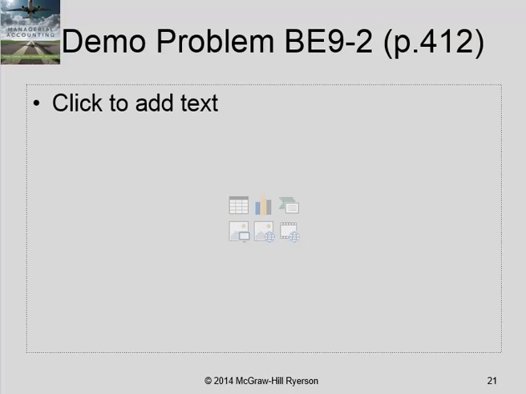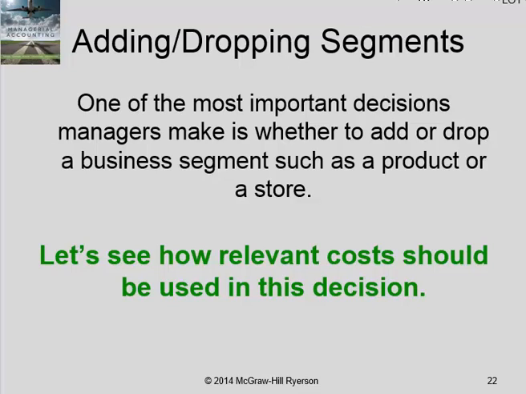All right. So that was our quick and dirty demonstration of relevant costs for decision making. Now, one relatively common decision is, do we keep or do we dispose of a business unit, a segment of our business?